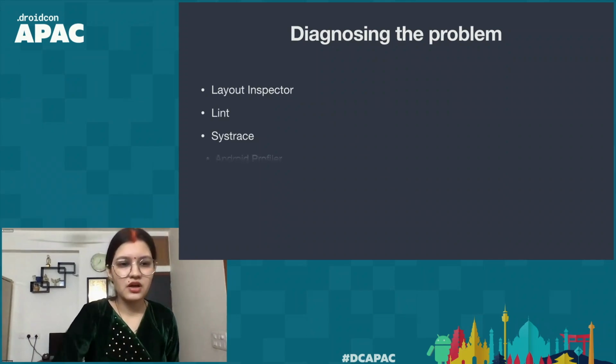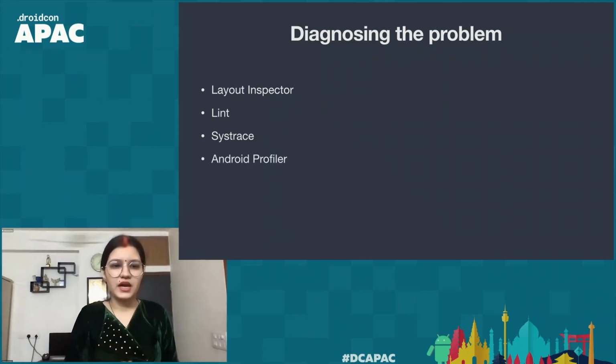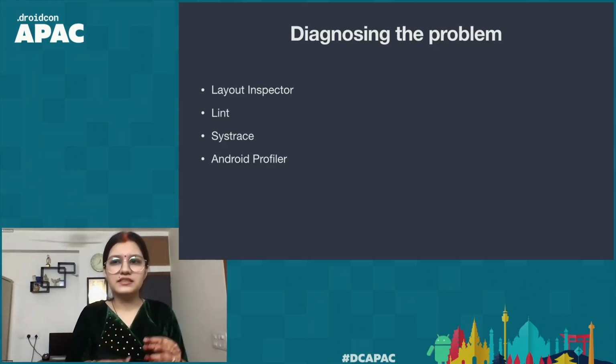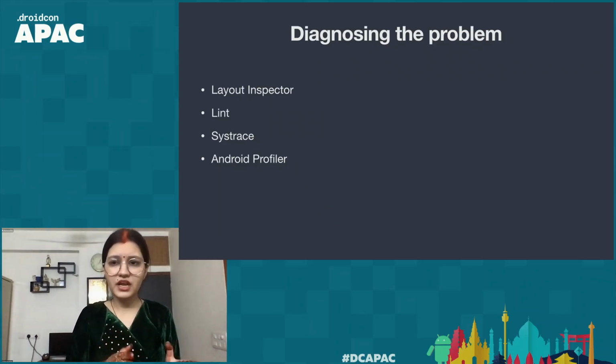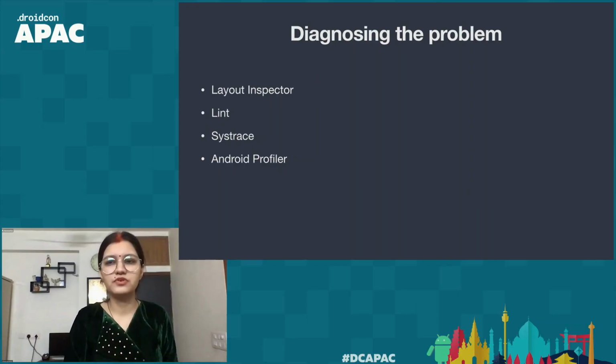The next one is Android Profiler, and it is one of my favorite tools to do continuous profiling and optimizing the app. Again, Android Profiler also provides a graphical representation of all the processes running behind the screen in your application.